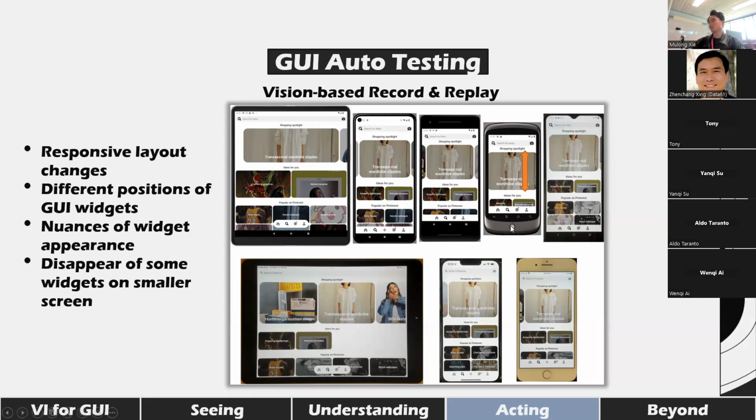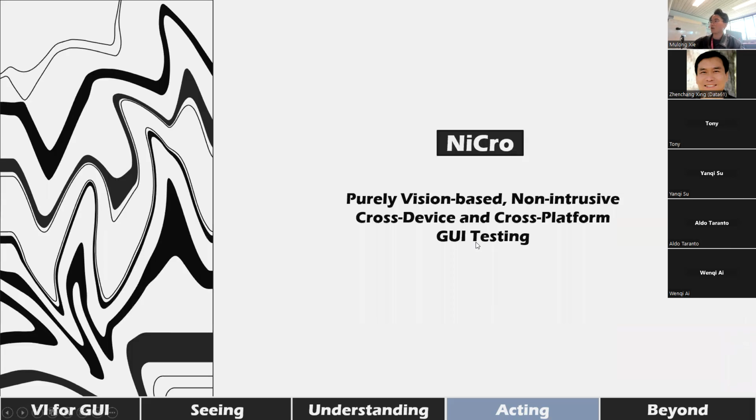All of those challenges complicate the vision-based record and replay. So to this end, we propose our own approach, NICRO, which is a purely vision-based, non-intrusive, cross-device and cross-platform GUI testing tool.